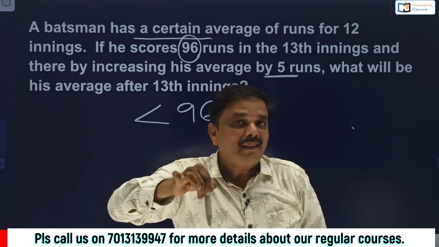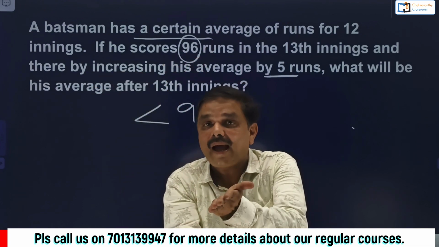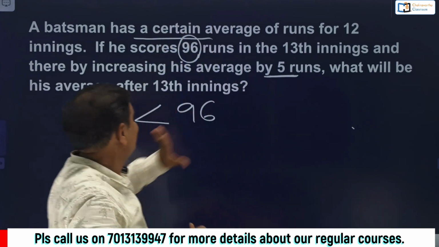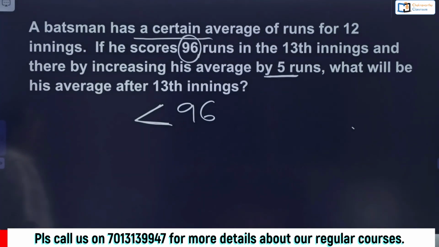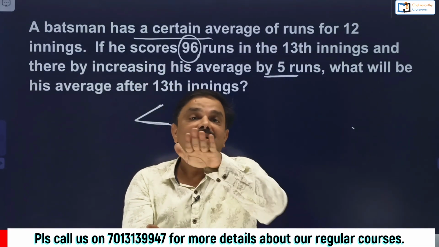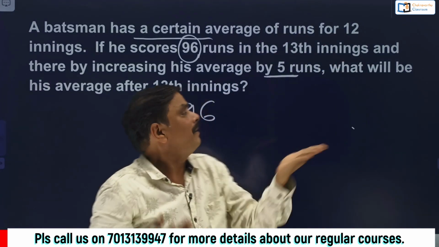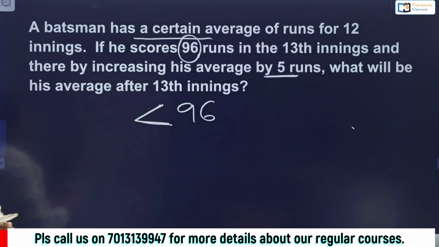In the 13th inning, he made 96. As a result, the overall average has been increased. That means the previous average must be less than 96. If the average had decreased, in that case the previous average must be more than 96. But here, the average has been increased. That means the previous average is less than 96.